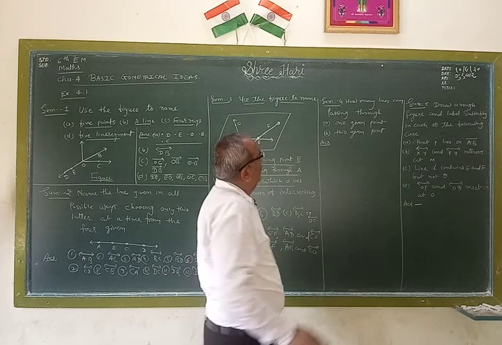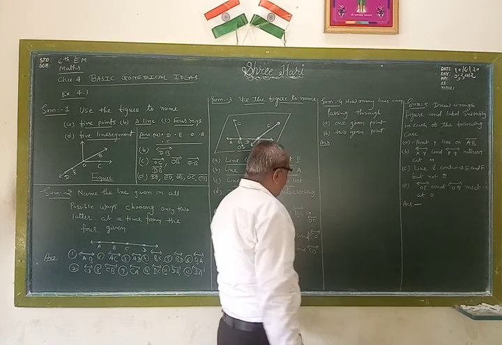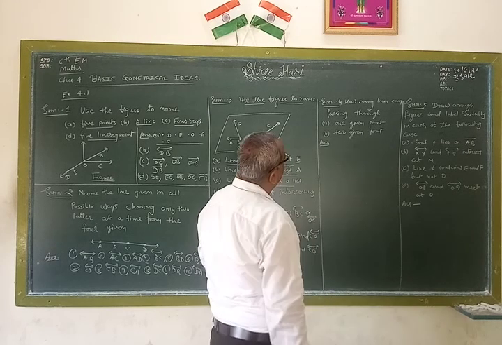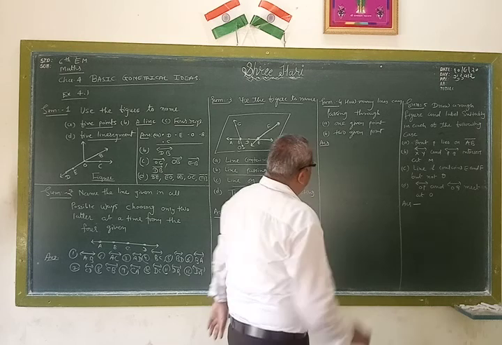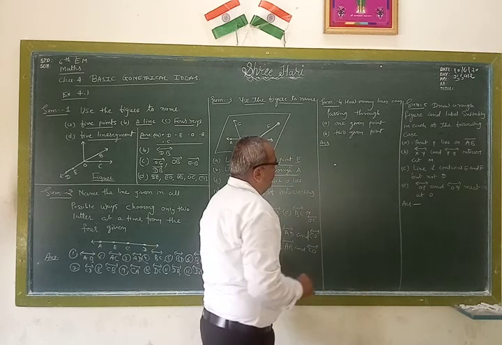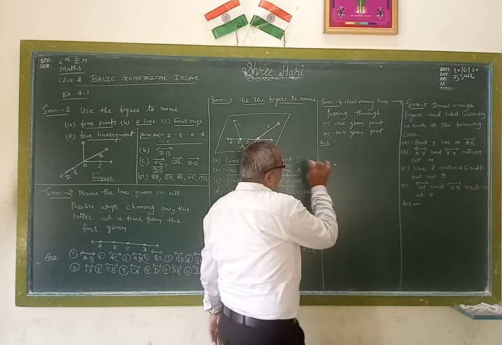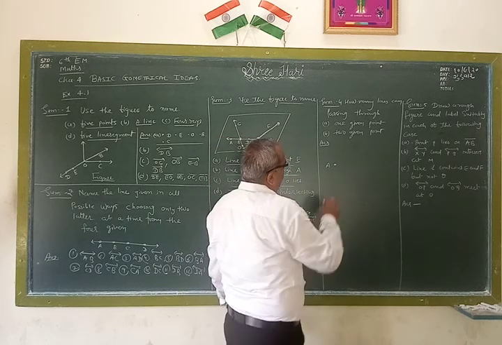Now question 4. How many lines can pass through one given point? Friends, this is a point, one point, suppose A. Tell me how many lines can pass through.